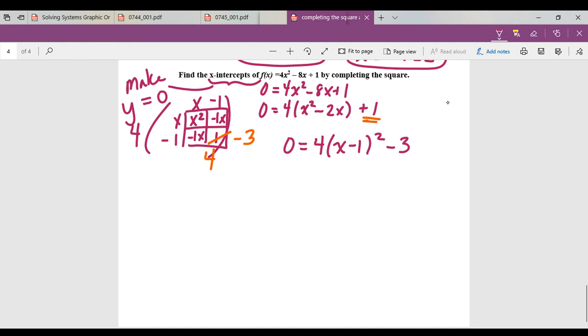Okay, so how would I work backwards to get x? What would I have to do? What do you want to do to each side of your equation to solve? Yeah, add 3 to each side because we're working backwards to get x all by itself. So now we've got 3 equals 4 times x minus 1 squared.